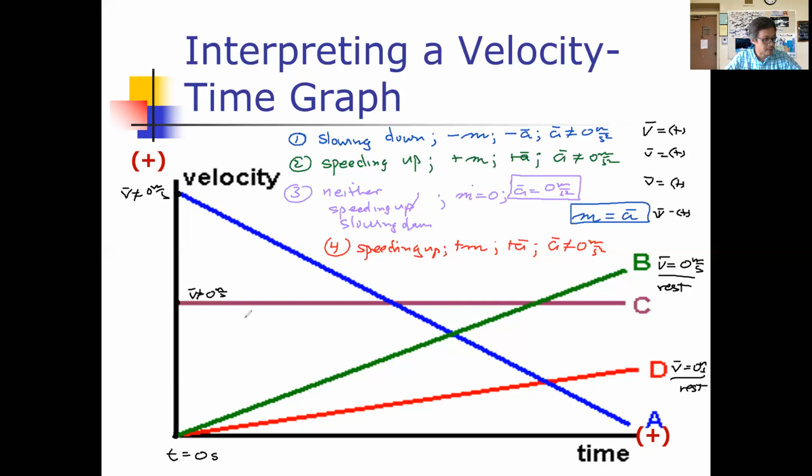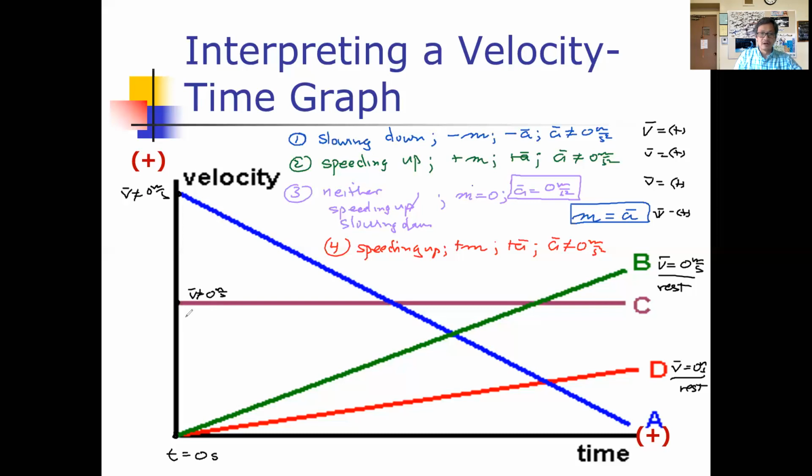Let's take a look at the third question. The third question is, who is moving at a constant speed? Object C is moving at a constant speed here, and we already did this. How do we know? The slope is 0, and therefore the acceleration is 0, meaning the velocity doesn't change.